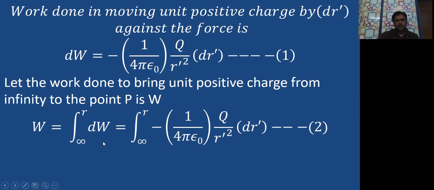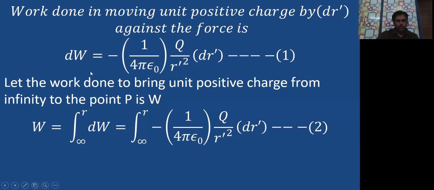Very simple. The charge was initially at infinity, plus 1 coulomb. From there it came to the point P. That means the distance is initially equal to infinity, finally it is equal to R. So the lower limit is infinity, the upper limit is R for the integration. I hope I have given the justification.